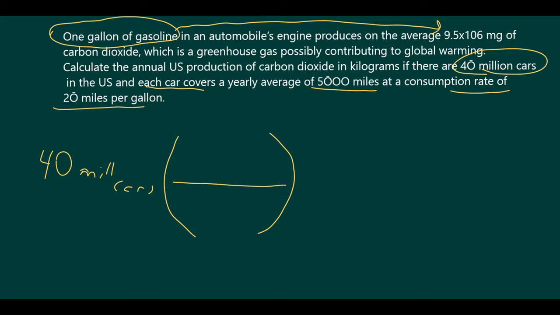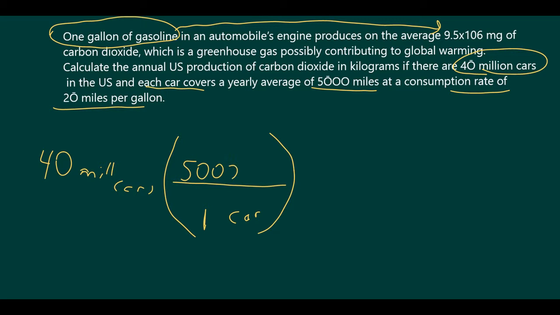We can actually factor label our whole way through this problem. So that means that I need to have cars on the bottom, and I want to say, okay, what do I know about cars? Well, the question asks us how much carbon dioxide total is given off. So I need to basically get from cars to carbon dioxide. And I don't know much about that, but it does tell me that every year 1 car drives about 5,000 miles.